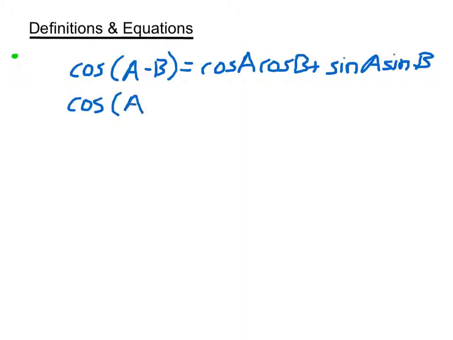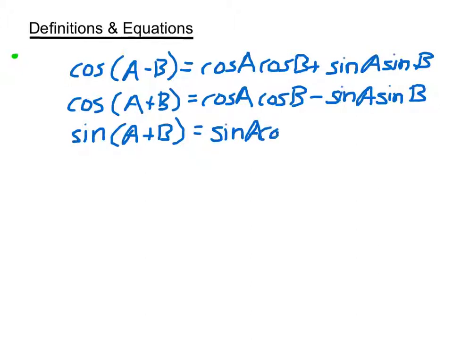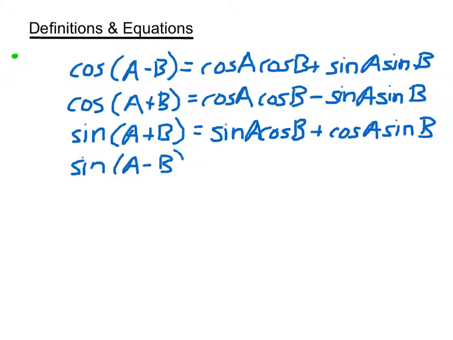We have cosine of A plus B, which equals cosine A cosine B minus sine A sine B. We have sine of A plus B, which equals sine A cosine B plus cosine A sine B. And we have the sine of A minus B, which is equal to sine A cosine B minus cosine A sine B.